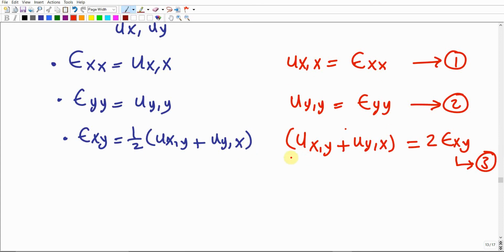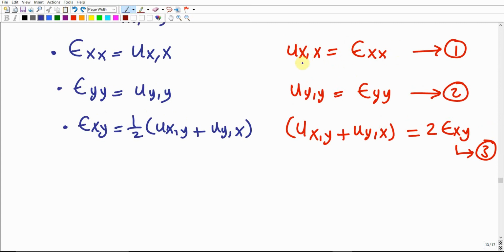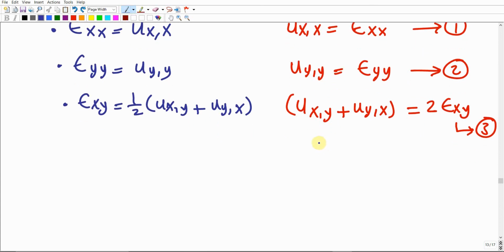We would like to check the compatibility of this strain field, whether it is compatible or not. So we would like to derive here the compatibility condition, or the compatibility equation. The compatibility condition can be derived simply by differentiating the first equation twice with respect to y, differentiating the second equation twice with respect to x, and the 3rd equation will be differentiated once with respect to x, then with respect to y, or y then x.